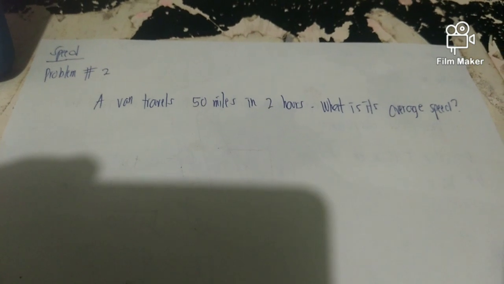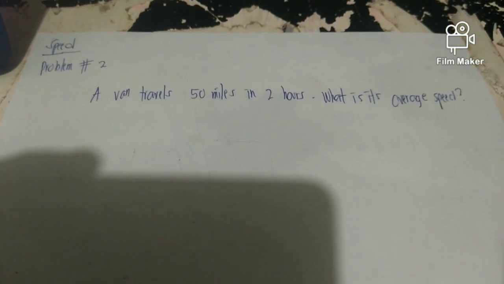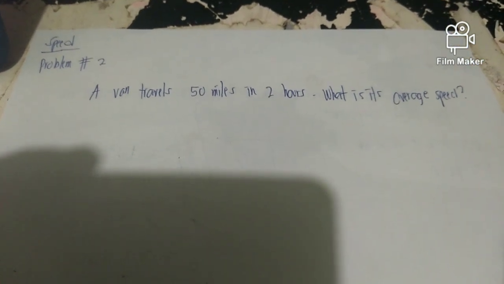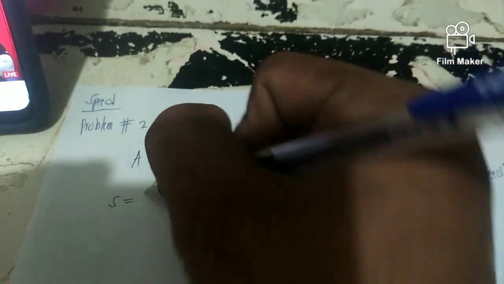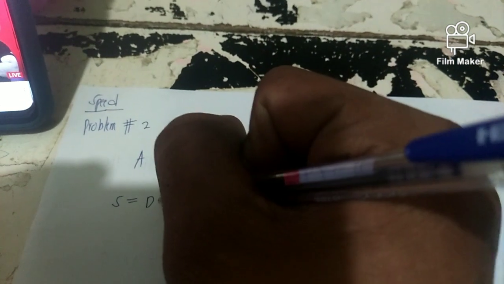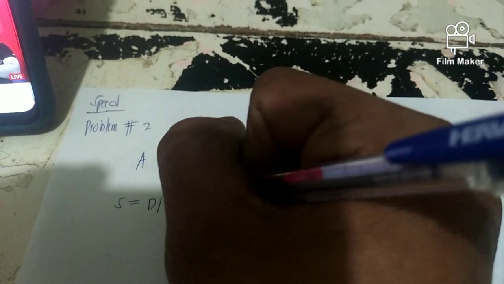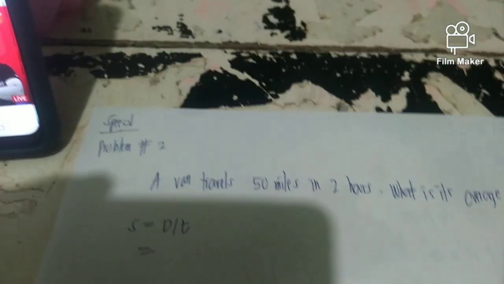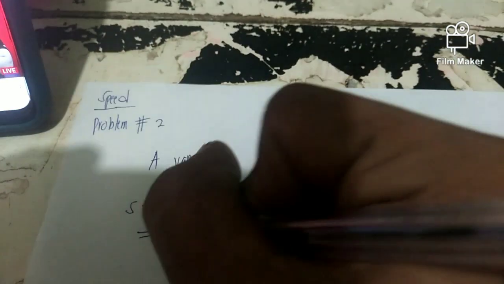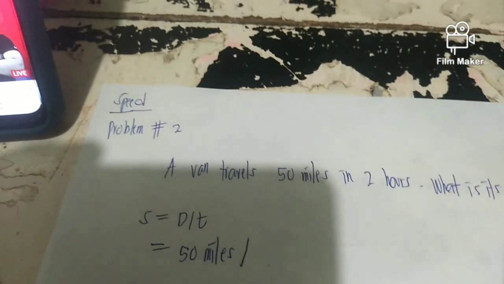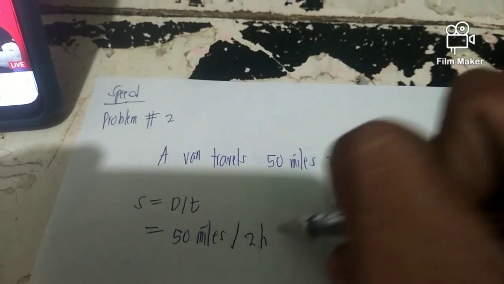Problem number 2. A van travels 50 miles in 2 hours. What is its average speed? So let's put the formula of speed. Speed equals distance divided by time. So the distance given is 50 miles divided by the time, which is 2 hours.